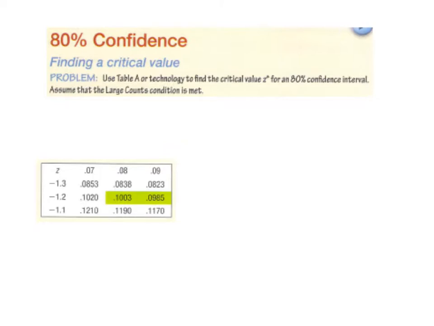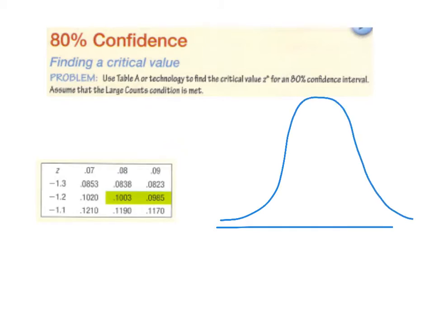I'd have my standard normal curve there, with 0. This time my probability is 0.8. My area under the curve is 0.8. So what that leaves is 0.2 left over, since 1 minus 0.8 leaves 0.2.